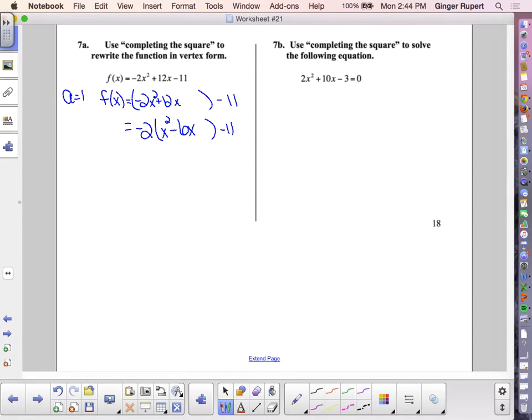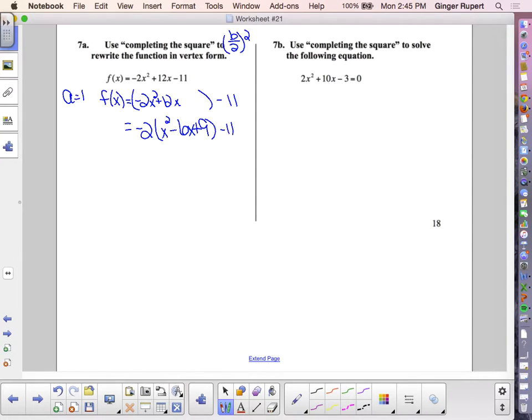Then I'll complete the square. Remember, completing the square, I take b over 2 and square it. So that's 6 divided by 2, which is 3. So I will add 9 inside the parentheses. But then remember, I'm working on the same side of the equal sign. So if I add it inside the parentheses, I have to subtract it on the outside.